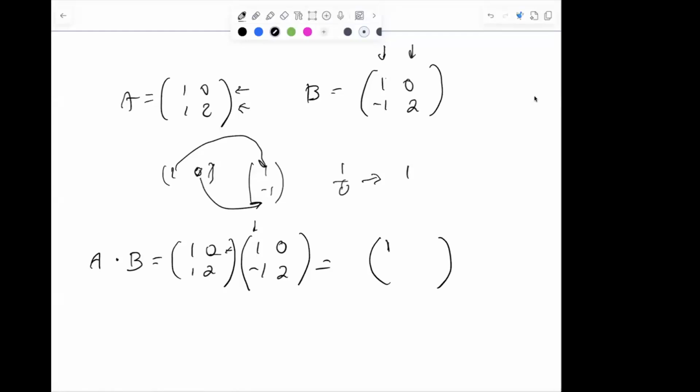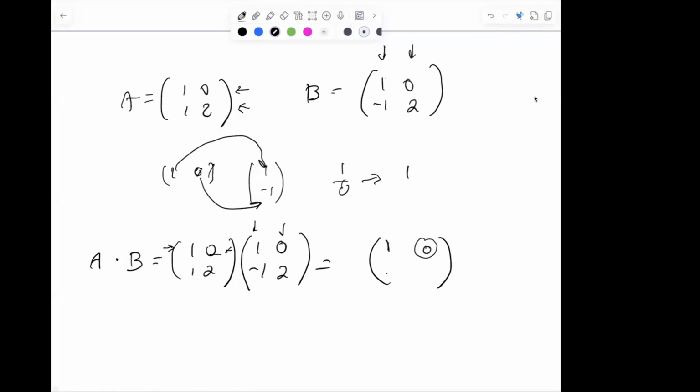So let's now try to see what we have here. Again, I take the first row and multiply it by the second column. So I get a 0. Let's look now at this point here.